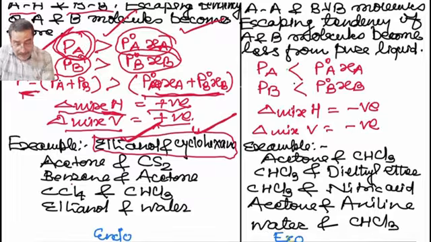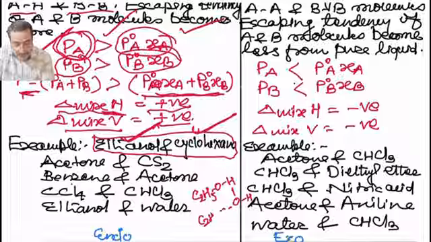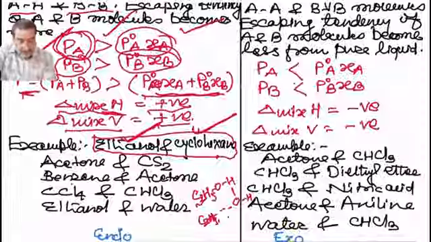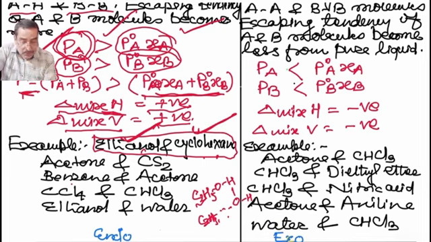In ethanol, there is a possibility of hydrogen bonding between the molecules of ethanol. When we mix it with cyclohexane, this hydrogen bonding is broken.